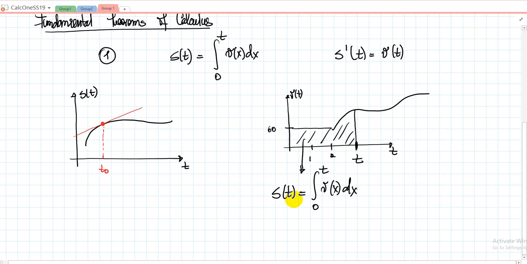So now I'm asking you, hey, if I choose one point t here, you know the velocity, the function of the velocity. I'm asking you, what is the velocity at the point t? What is the velocity at the point t? It's this point, right? So what is the velocity at this point? It's simply this point, right? You don't need to take the integration first and then take the derivative, right?